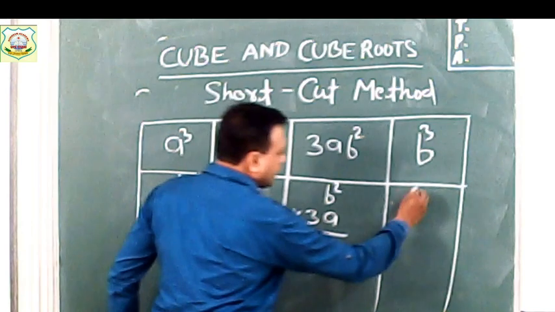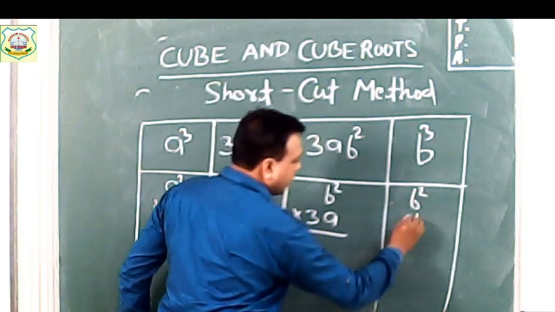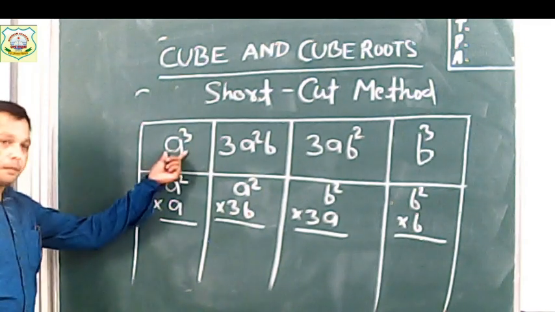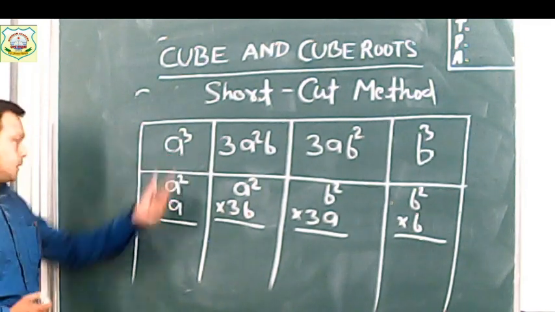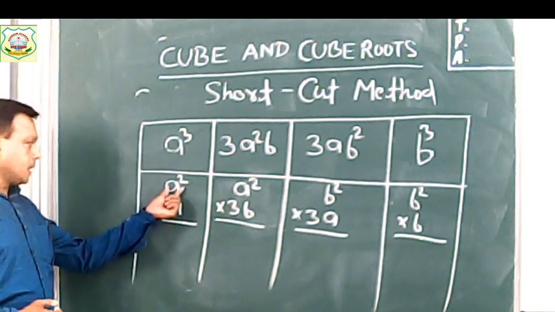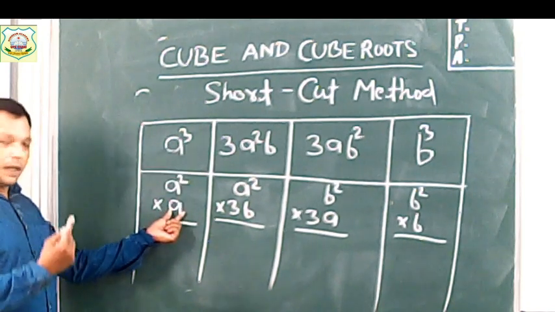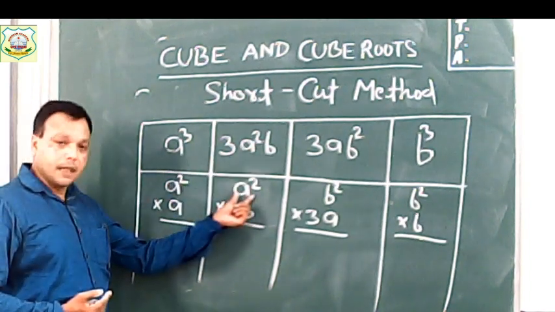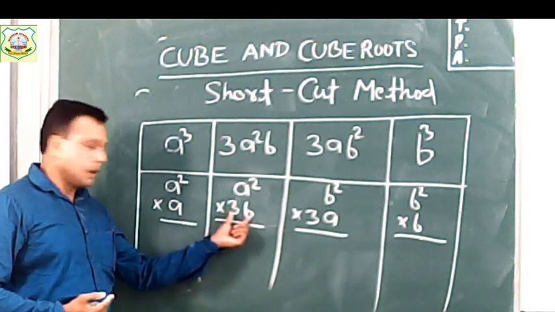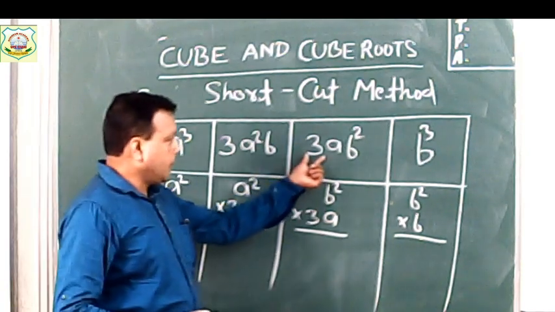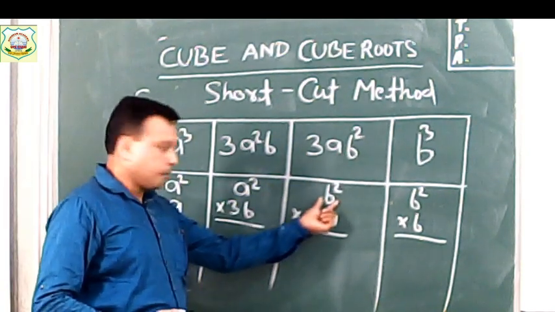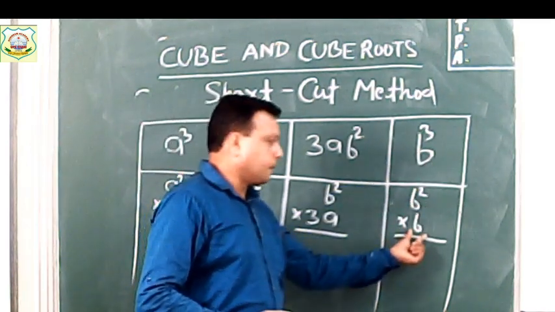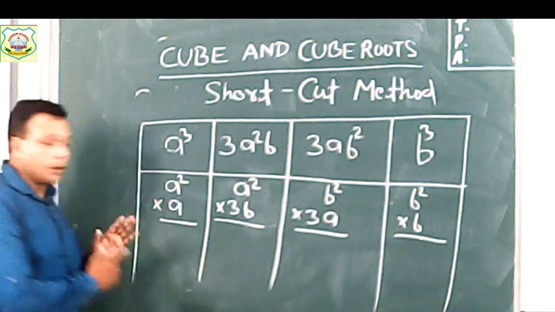B cube is here, we can write b square multiply b. Again, a cube: a square multiply a, a will be left. A square is here. First you write a square and 3 into b, 3b. 3ab square, so b square will be written, then 3a. Here b cube is here, b square and b. This way we will arrange our values.